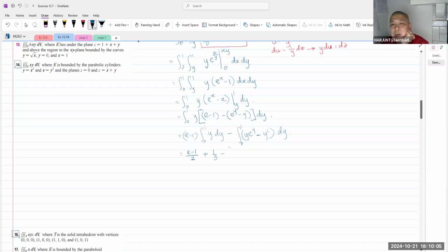And then minus integral from 0 to 1 of y e to the y dy. Oh, this one is integration by parts, huh? Yeah, integration by parts. So that will be (e minus 1) e over 2 minus 1/6. Negative 1/2 plus 1/3 is 1/6, minus (y e to the y minus e to the y) from 0 to 1.